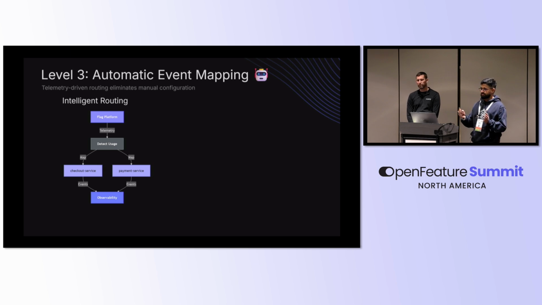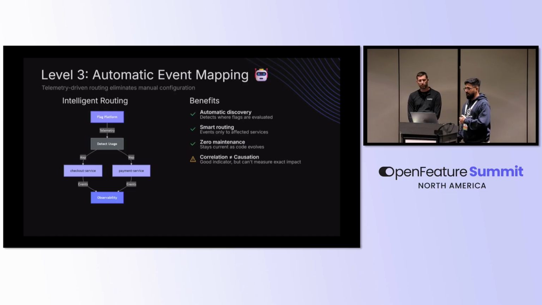You can have your metrics of some sort going into a usage detection, and that decides which services get the flag updates. There are benefits to it: you have automatic discovery, very smart routing, and there's no maintenance. It could be a good indicator, but you cannot know exactly what the impact is.